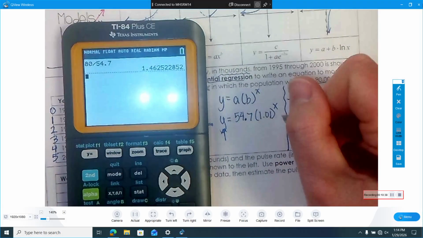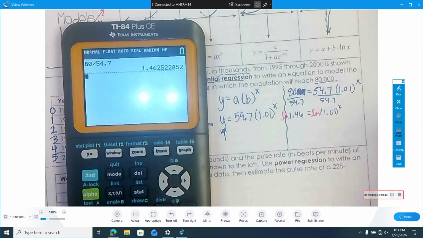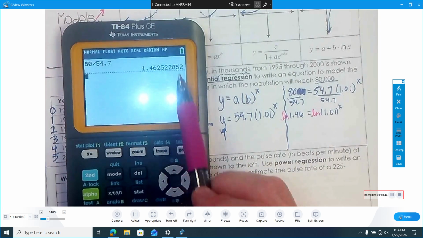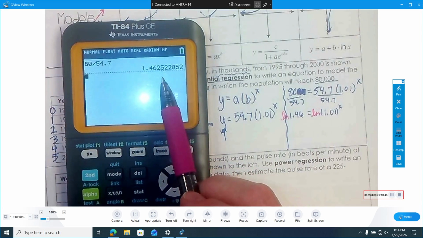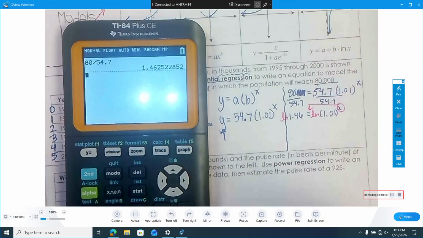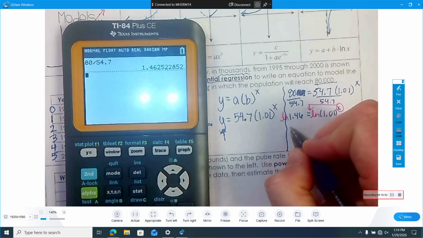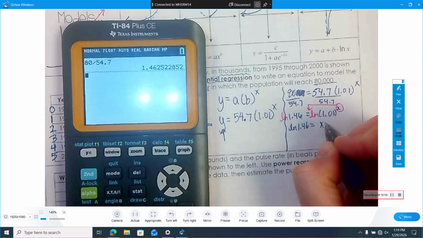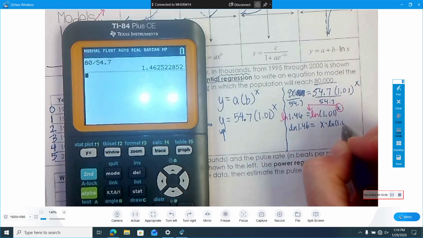Natural log, both sides. The nice thing is we have this decimal running in our calculator, so I'm just going to keep using it. My power is going to drop down in front, so I have the natural log of 1.46 equals x times the natural log of 1.01.